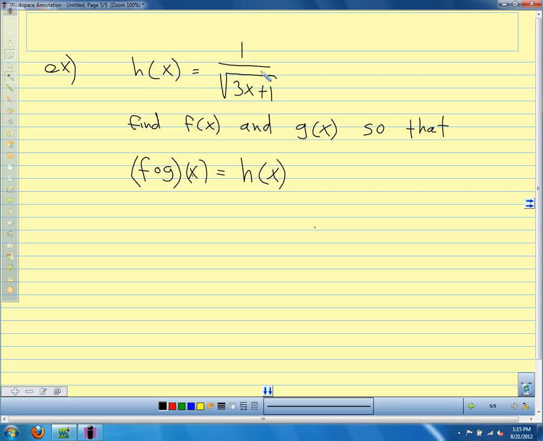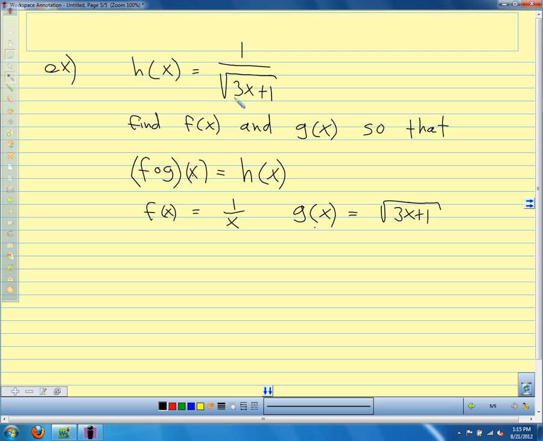Anybody have an idea of how we might do this? What do you think, Kevin? So you're saying f is 1 over x? Perfect. Does everyone see what Kevin did there? He said, okay, I have one function.